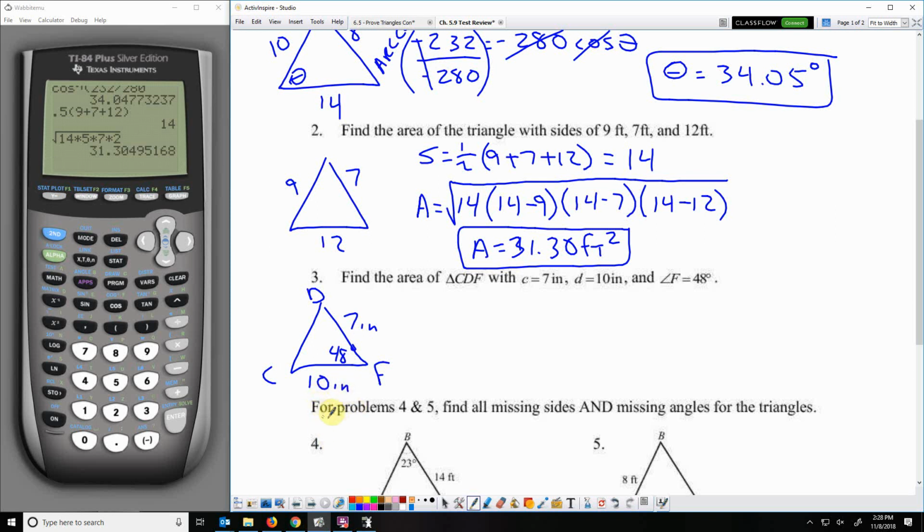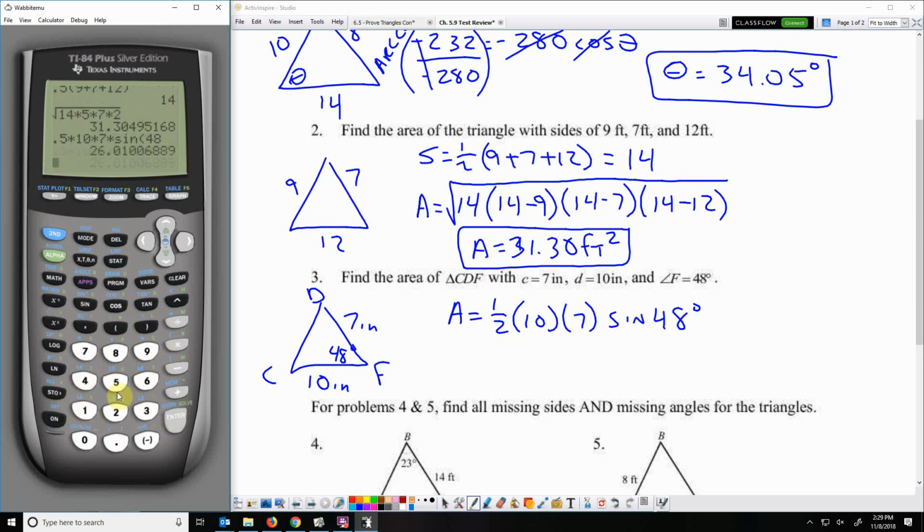In this case, we should use 1/2 AB sine C. So the area is 1/2 times 10 times 7 times the sine of 48 degrees. So we get an area of 26.01, and this one's in inches, so that would be inches squared.